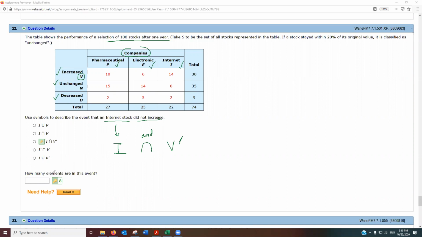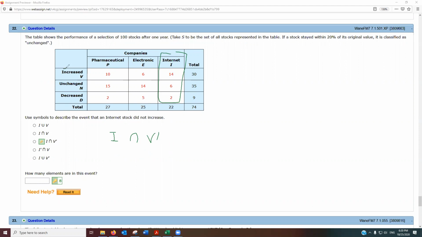All right, now they're asking how many elements are in this event. They're not asking me for a relative frequency now. They're just asking me to count up the number of elements. All right, well, let's think about this. We want I intersection V prime. Well, here's column I. Let me think about V prime.